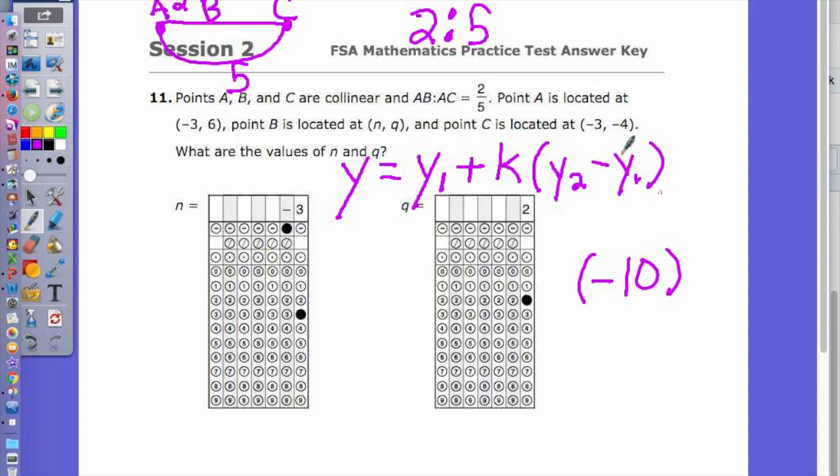You follow that? So the distance is -10. I want 2/5 of that. 2 times -10 is -20, divided by 5 is -4. So if I start at 6 and I subtract 4, or I add -4, I get to 2.